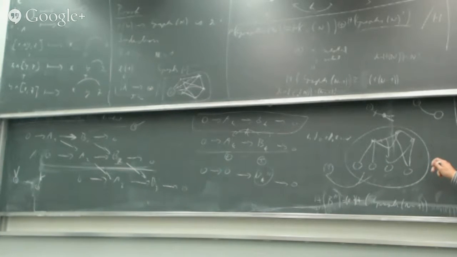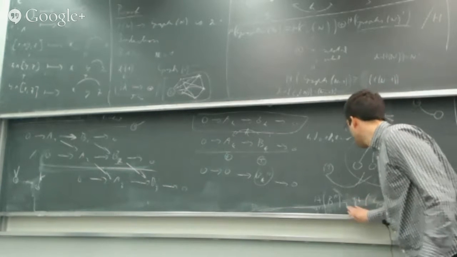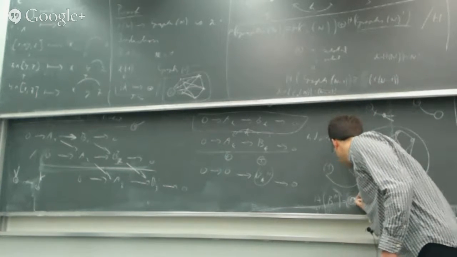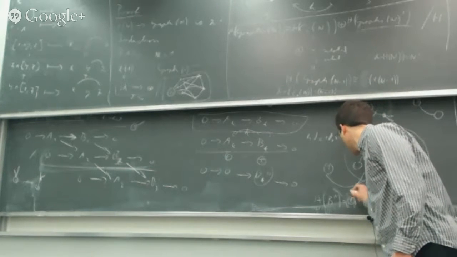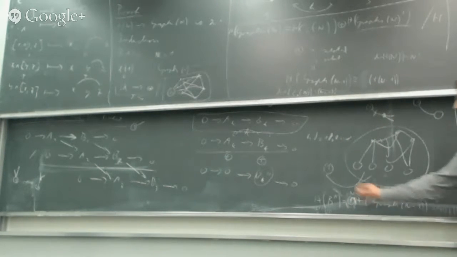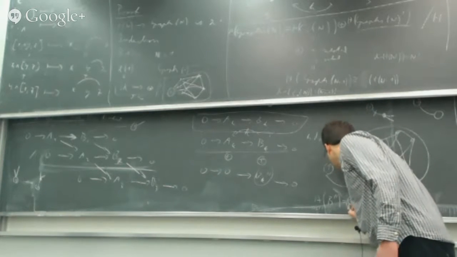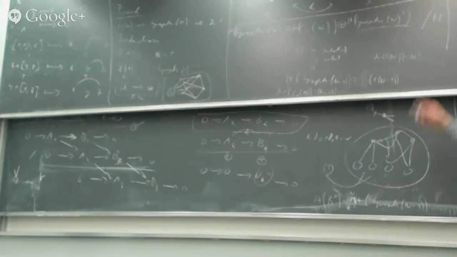So when you say n minus 1 times, it's a direct sum, right? Direct sum, yes. Direct sum over j equals 2 to n, where j is where 1 was connected.